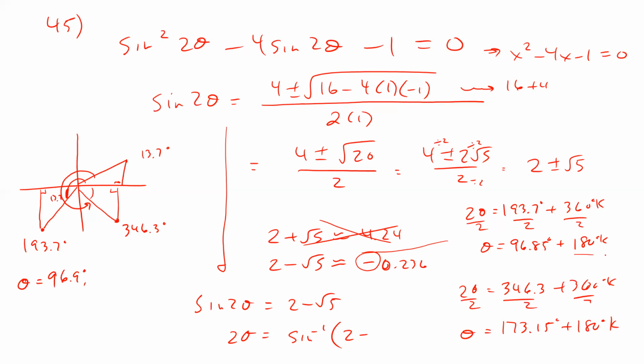Anybody help me out with that? 96.9 plus 180. 276.9. Thank you. All right, I got 173.2 from this one, and then I need 173.2 plus 180.